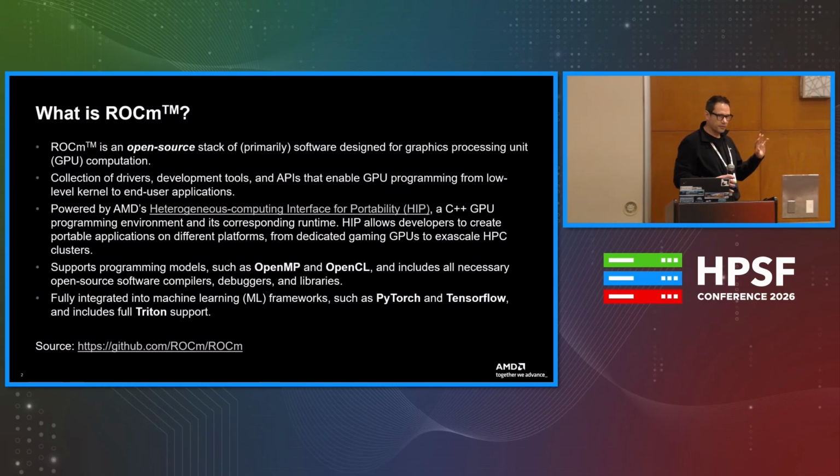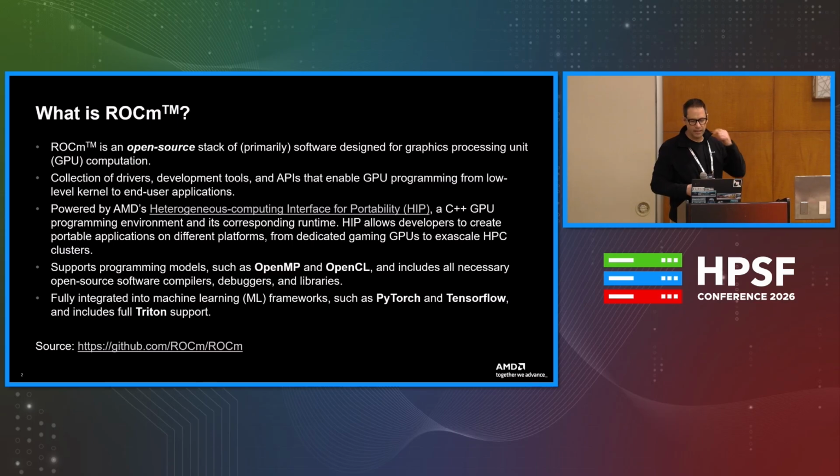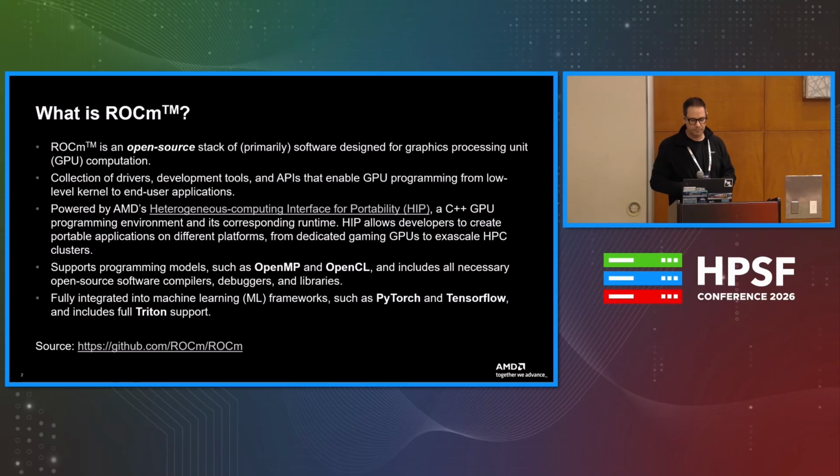So what is ROCm, for those of you who don't know? ROCm is an open source stack of software that's designed for graphics processing unit computation, GPU computation. It's all the drivers, the development tools, APIs that enable GPU programming from kernels all the way to end user applications. It's powered by HIP. You're probably familiar with HIP, a C++ GPU programming environment, and its runtime.